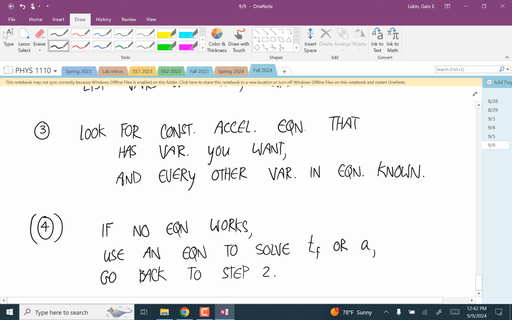Say you're trying to calculate the final velocity, and you look through the equations, and none of them give you what you want. Then look for an equation that'll let you solve for either time final or acceleration. Those are the 2 that are most often helpful. Now you know one more thing. Now go back to step 2, list out what you know and want, and see if it works now.